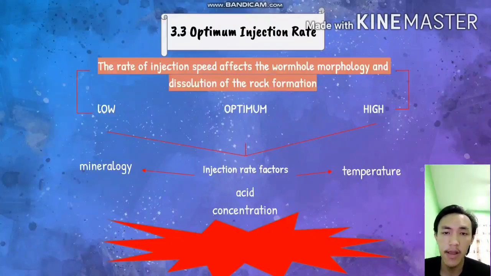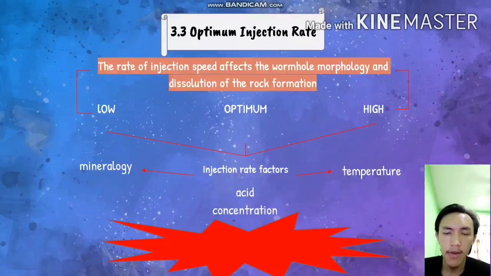At high injection speed, the penetration of the acid into the formation rock is deeper, but it is slower because the surface that needs to be covered is larger.